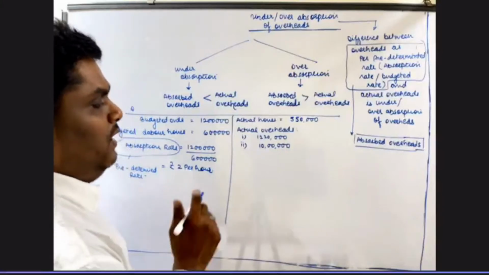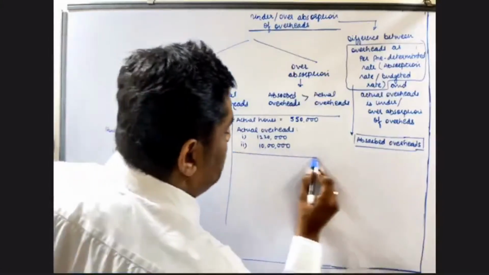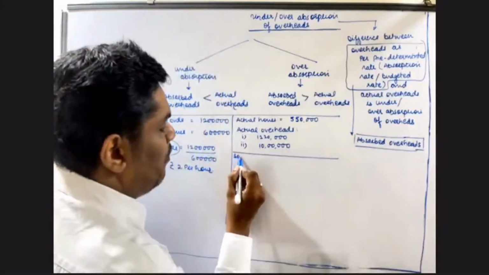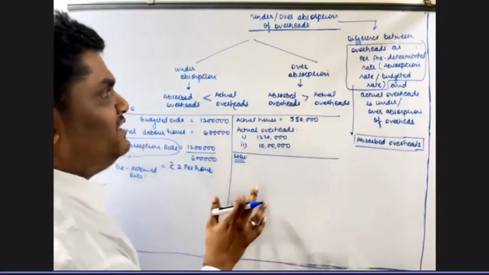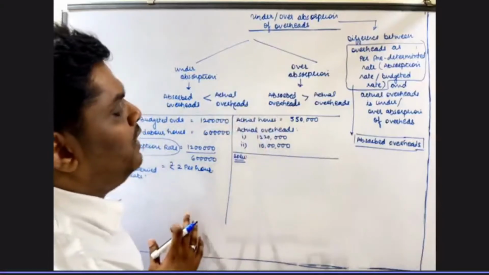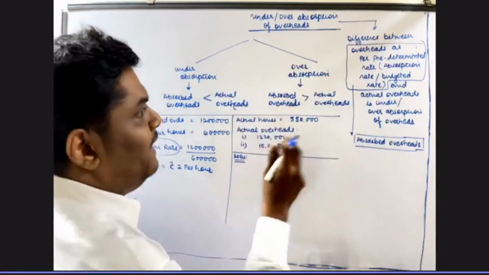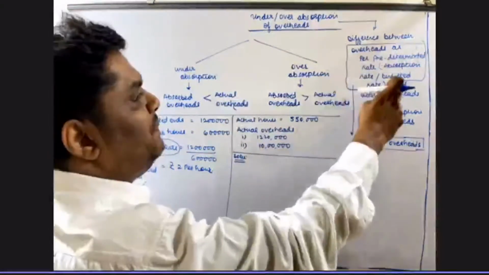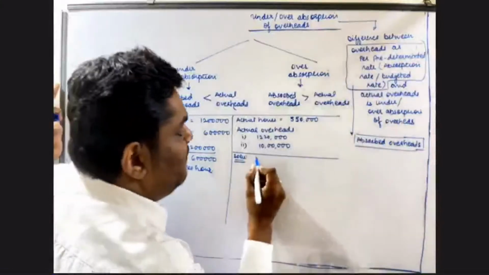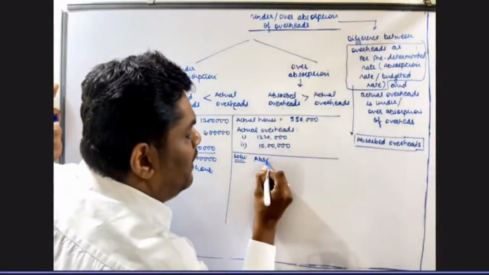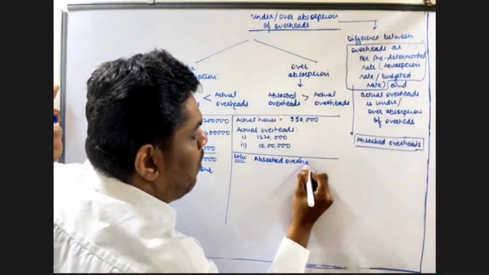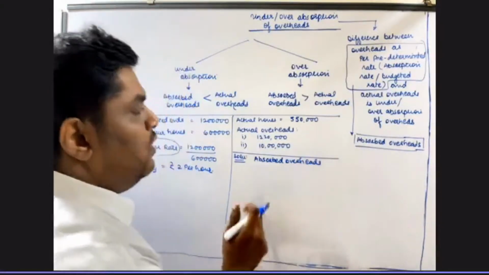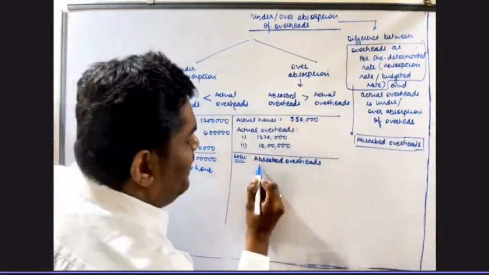Now, let's start with the solution. The first step of calculation of under and over absorption of overhead is that we will calculate the overheads as per predetermined rate. We call them absorbed overheads. So 5,50,000 are my actual hours.